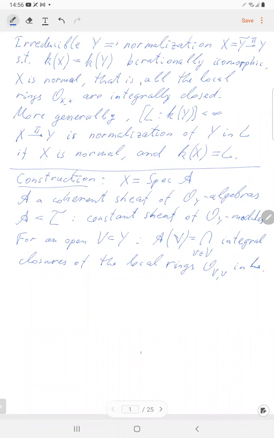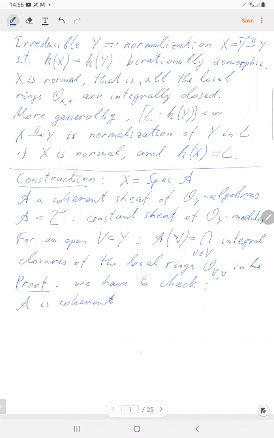So, well, let's call it proof. And what do we have to check? The following thing. First of all, that A is coherent.